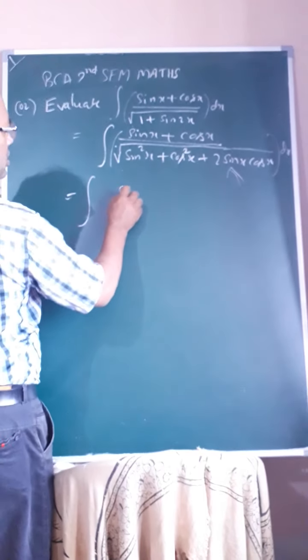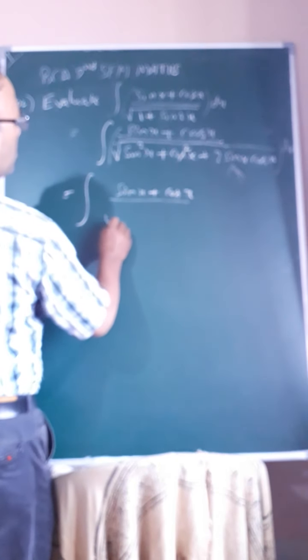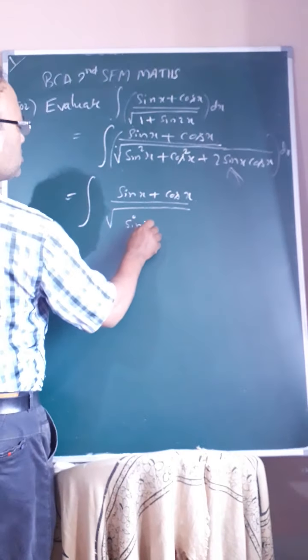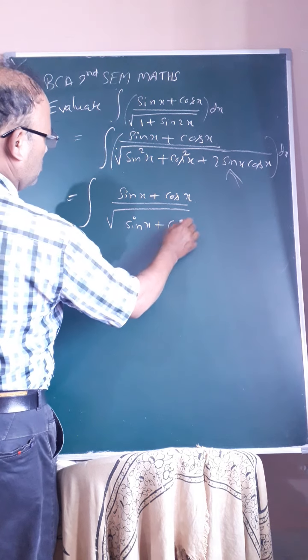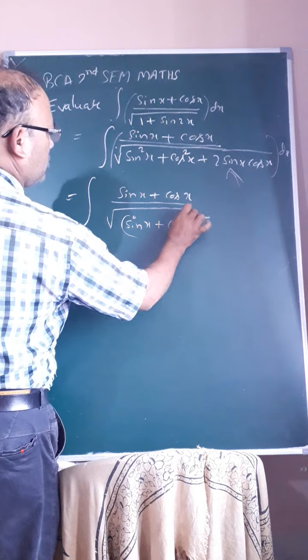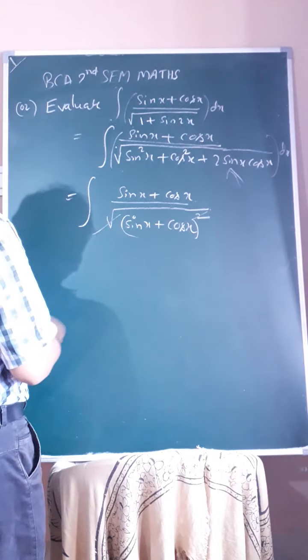So next, under the integral, the numerator is sin x plus cos x divided by under square root sin x plus cos x whole square. The square and square root both cancel. What will remain?